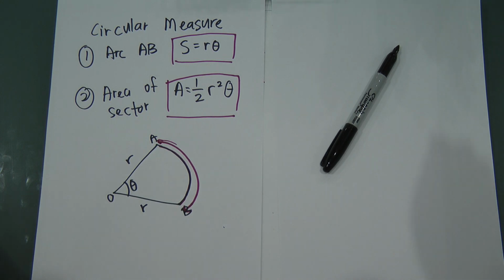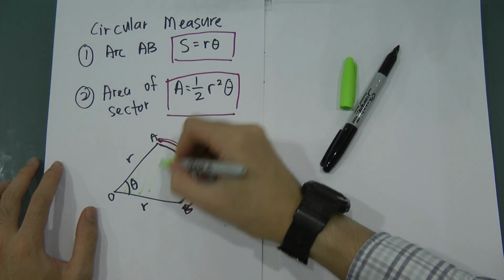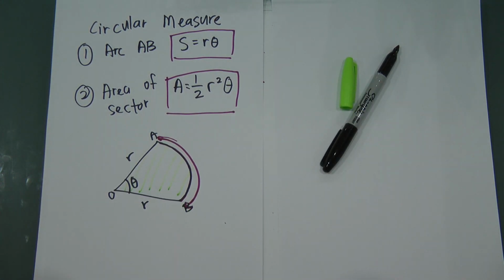For part B, the area means he's looking for the area of the sector.